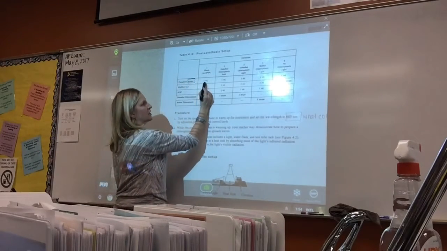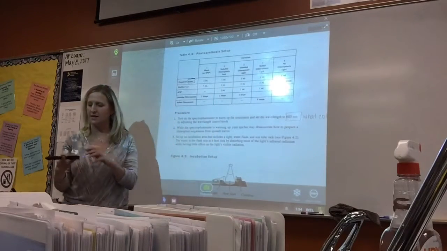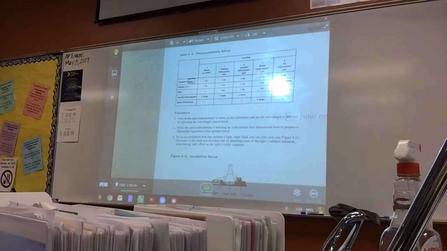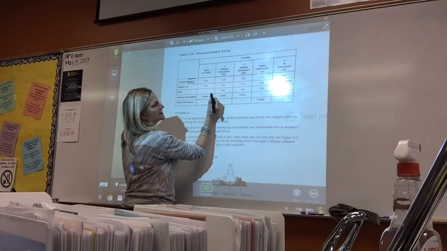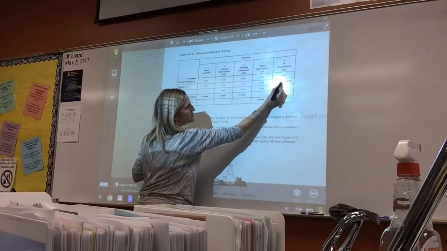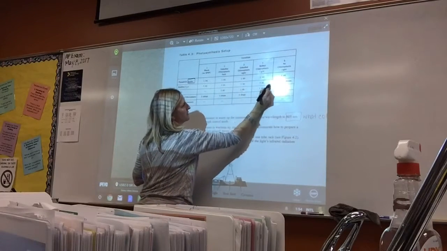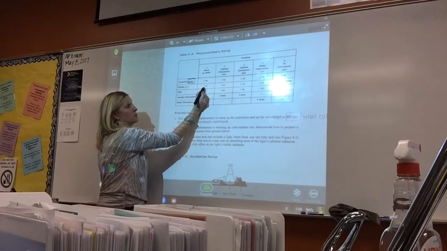And so if we look here, there's a milliliter that goes into each one of these. And so that's constant in each one of these cuvettes. The distilled water, you can see here that there's 3 milliliters in all of these plus the 3 drops, and we'll talk about that in just a second. This has 4 milliliters.